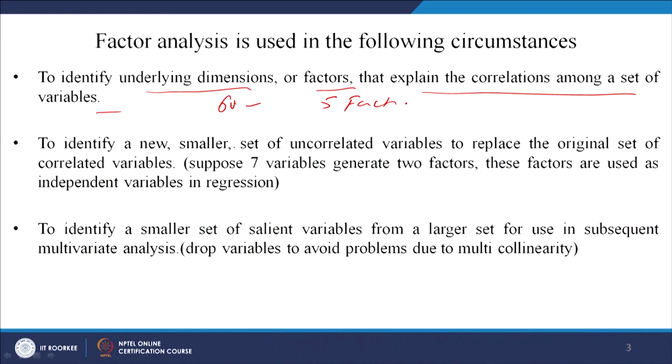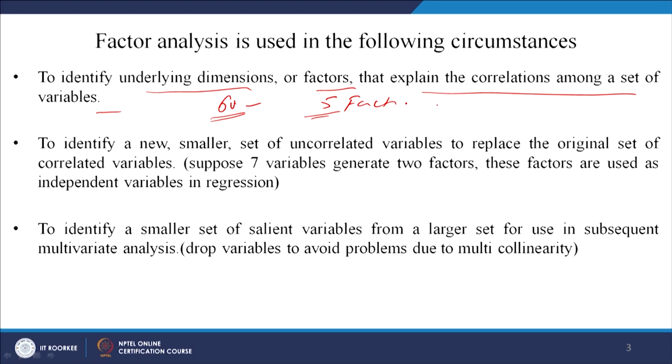Okay. Second is to identify a new smaller set of uncorrelated variables to replace the original set of correlated ones. Now, 60 variables were there, all related to psychology. Now we have got 5 factors, and each factor is separate from the others. When I talk about validity, we will use terms called convergent validity and discriminant validity.